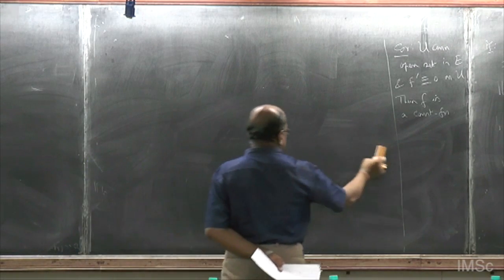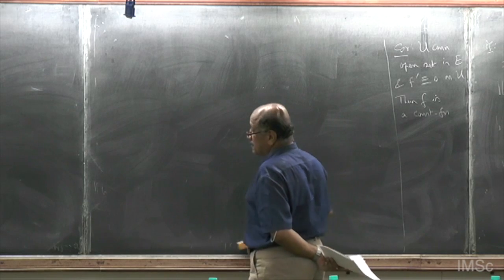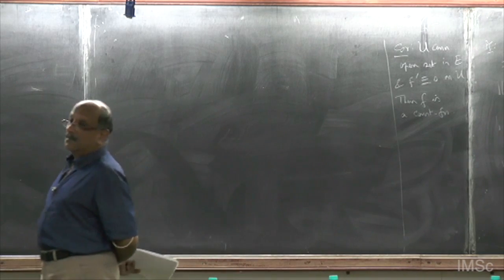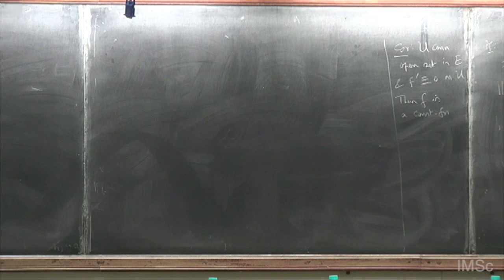And if the derivative of the function is bounded, can you say f is bounded? What about f of x equals x? Derivative is 1, it is very much bounded, but the function f of x equals x is an unbounded function on the real line, no?